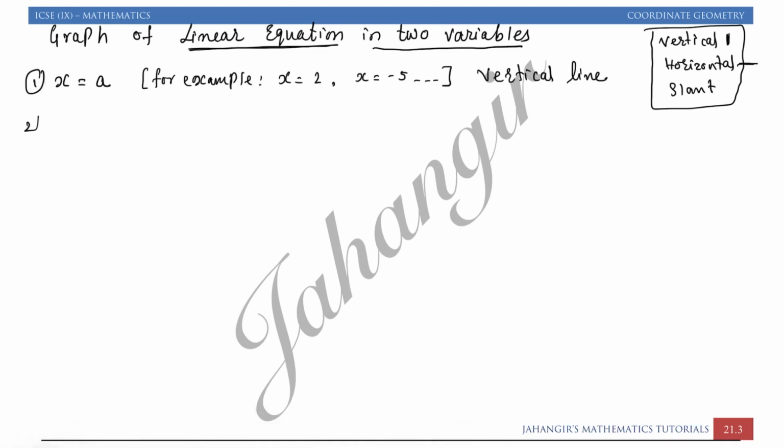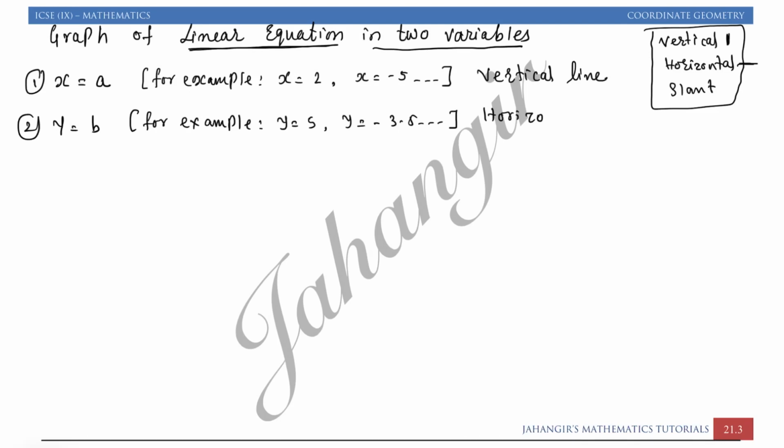Now second, y is equal to b, where a and b are constant values. For example, y is equal to 5, y is equal to minus 3.5, and so on. Any line of this type is always a horizontal line.